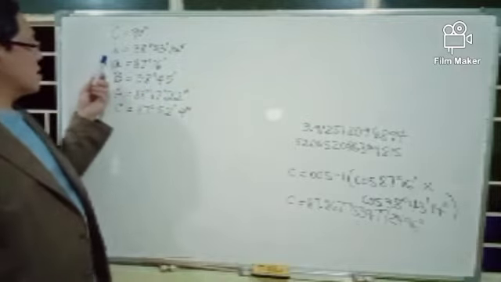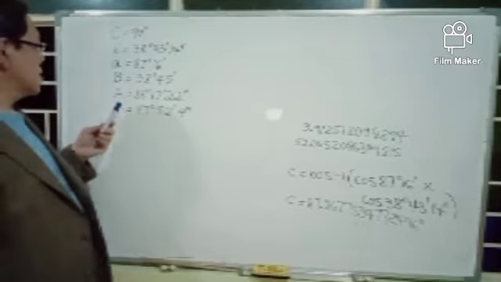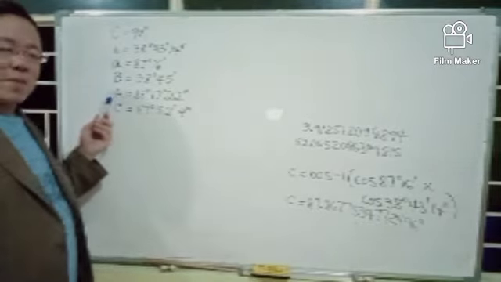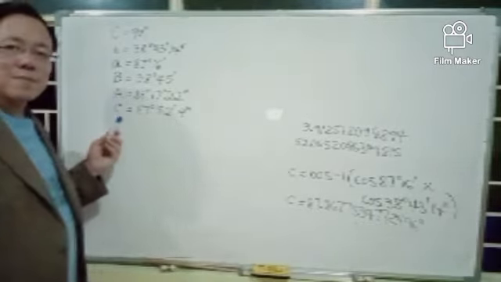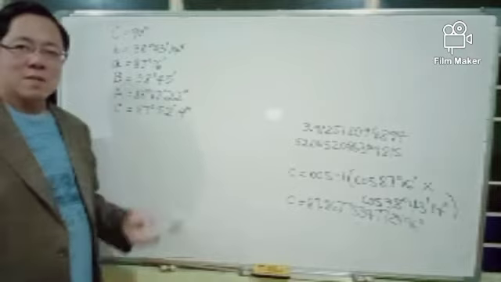The unknown parts are small b, the surface angle capital A, and the side small c.